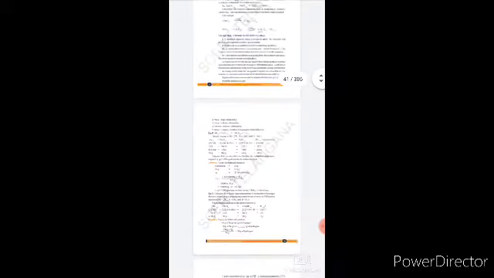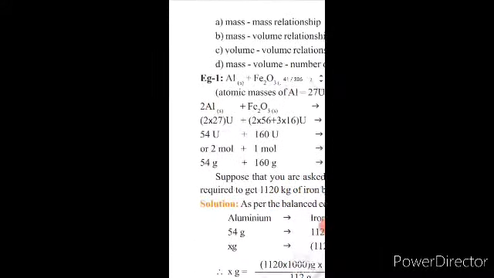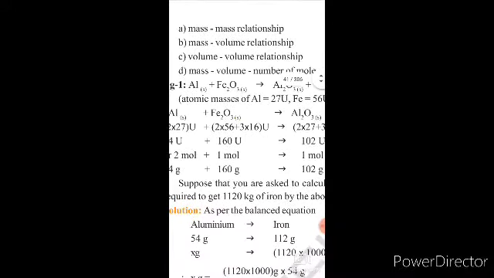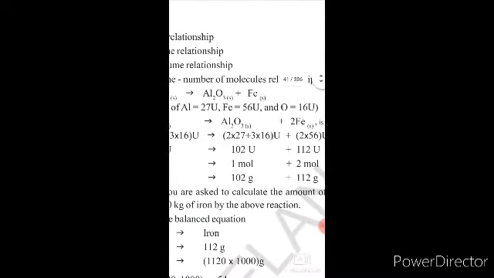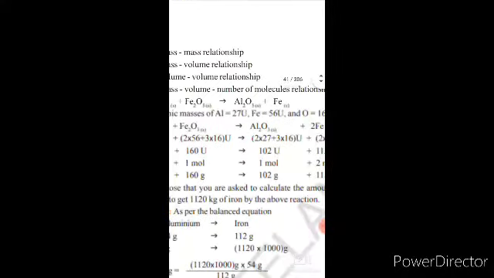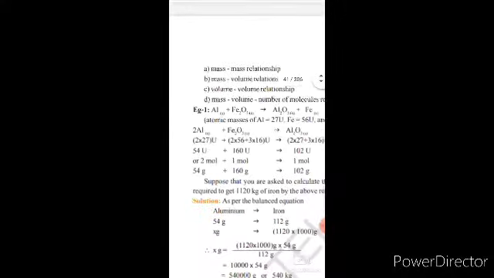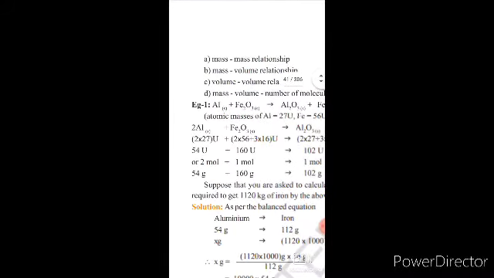Okay, here aluminium 2 on the left side, 2 on the right side; iron 2 on the left side, and also 2 Fe on the right side. So after balancing we should count the molecular weight. 1 Al equals 27 unified mass, so 2 Al means 2 into 27, 54 unified mass.